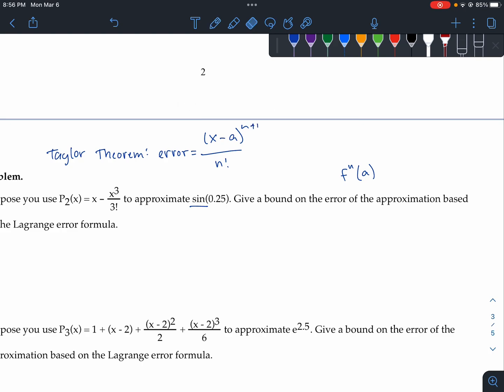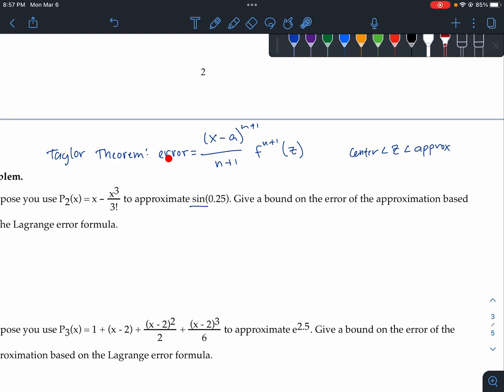So everything happening at the n plus 1 term, the derivative at n plus 1. But this was happening not at the center, but at some value z, where z was between the center and the approximation. Now this could be switched depending on if you're approximating to the left or to the right of the center, but anyway, z is between these two values right here. So this was Taylor's theorem.